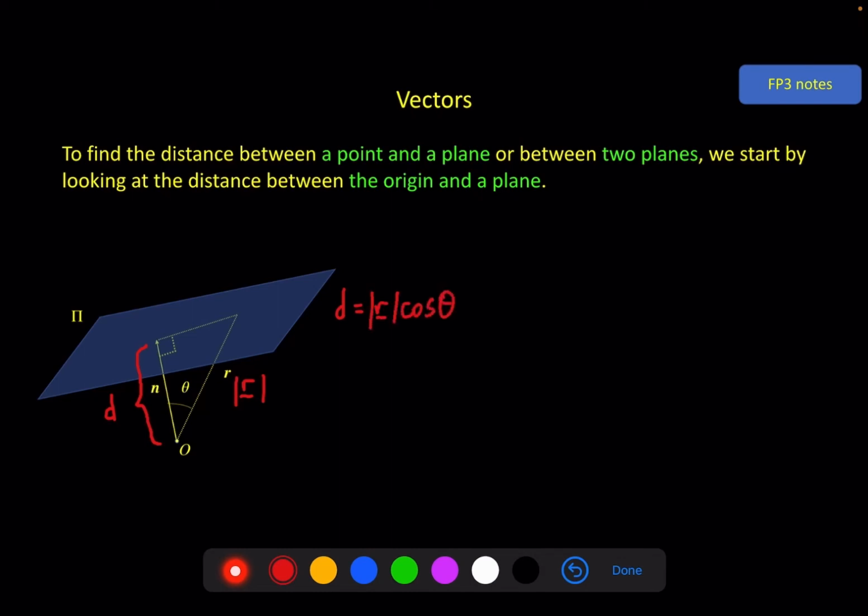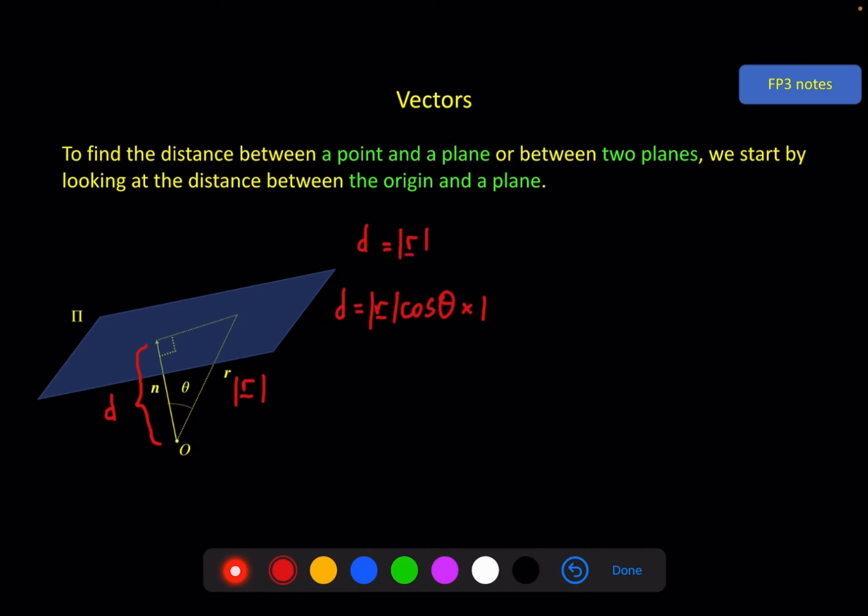Now that's fine if you know what r is and if you know what theta is, but it's not very often you know the angle theta. So we're going to do a little sneaky trick here, and we're going to multiply this by 1. Now that doesn't do anything, you know that, but 1 also happens to be the magnitude of a unit vector. Any unit vector, all unit vectors. So what I'm going to do is call that 1 the magnitude of the unit vector n hat.